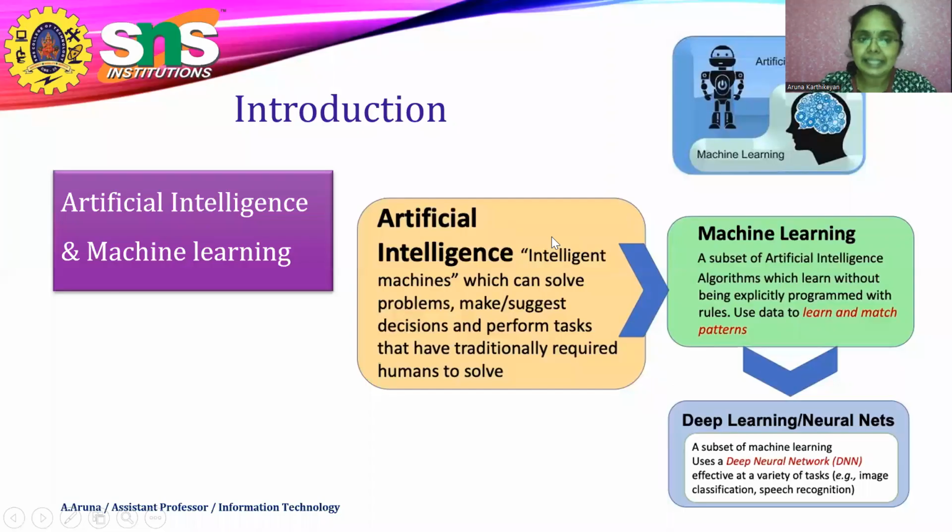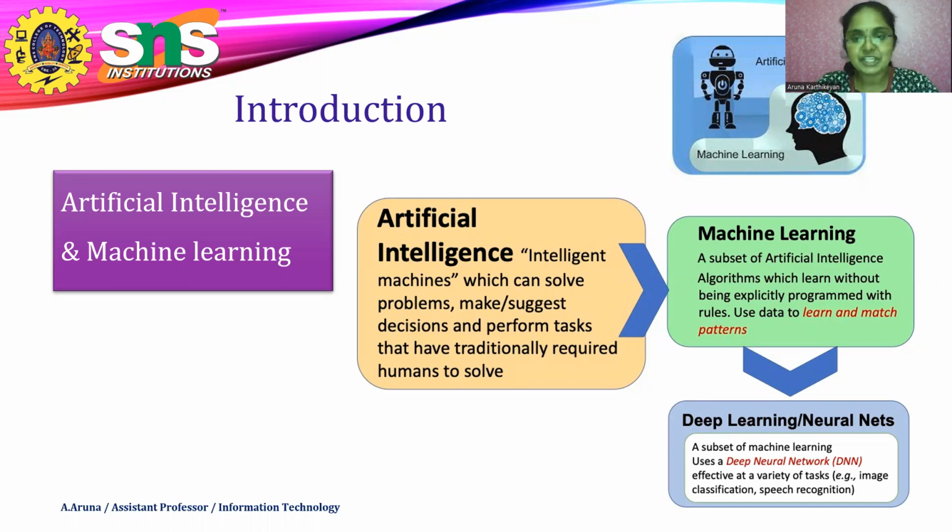Before entering into the topic, we're going to see what we mean by artificial intelligence as well as machine learning. Artificial intelligence is nothing but the intelligent machine. The way a human can solve a problem, take a decision, or suggest a decision and perform a task, in the similar way a machine doing this can be called artificial intelligence.